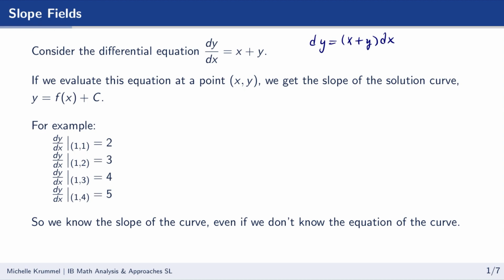If we tried moving it to the left-hand side first by subtracting it, we would have dy/dx minus y equals x. Now we can't get the dx by itself on the right-hand side. If we multiply both sides by dx, we would end up with dy minus y dx equals x dx. So there's no way to separate the variables in this particular differential equation.